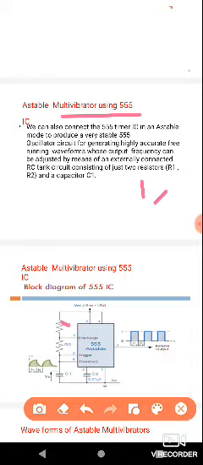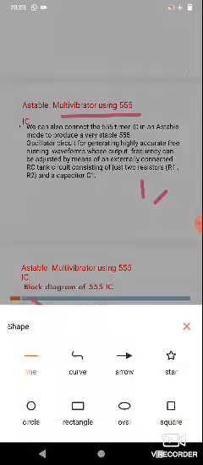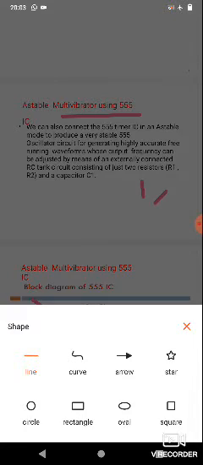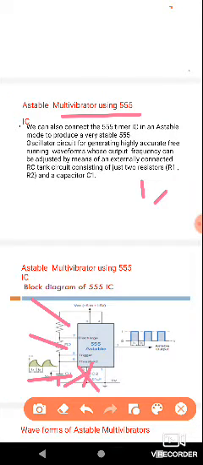These are the two externally connected RC components. R1 and R2 are the two resistors, and just one capacitor C is used.